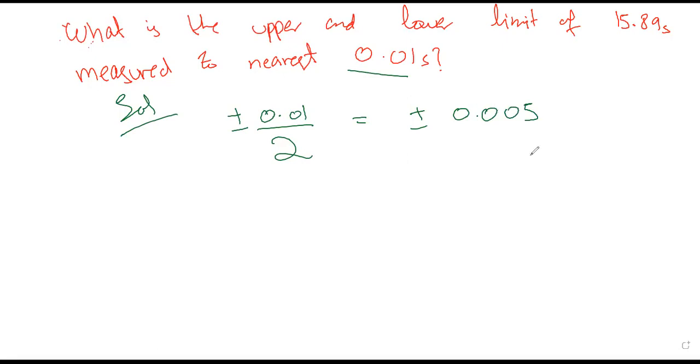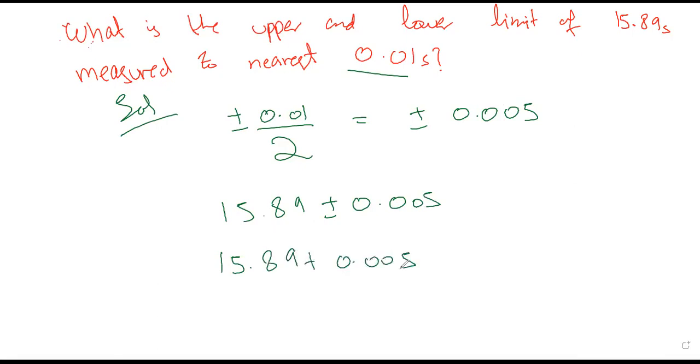Oh, yes, I do understand. Perfect. So 15.89 plus minus 0.005. 15.89 plus 0.005 will give you the upper limit, and 15.89 minus 0.005 will give you the lower limit.